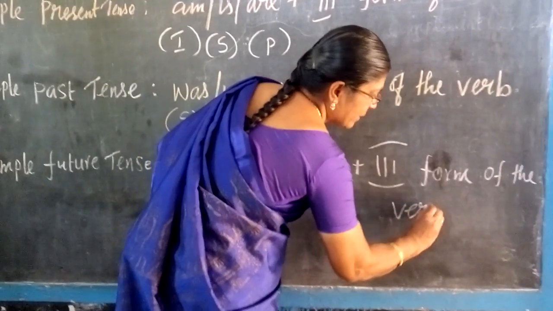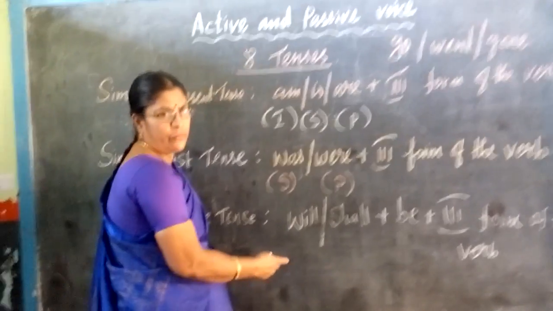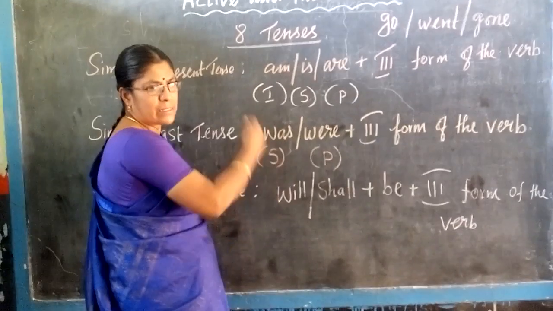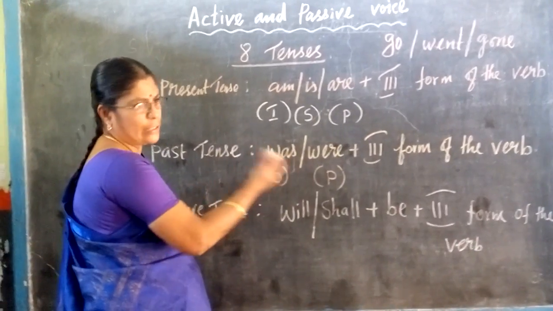So, simple present tense, simple past tense, simple future tense: these are the structure or formula from active to passive voice.